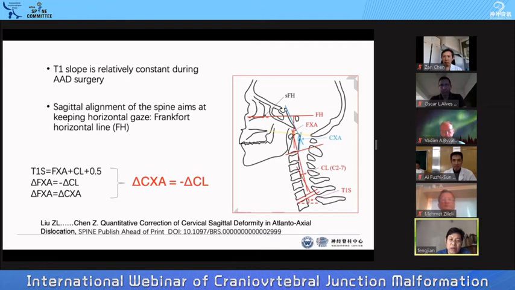And the sagittal alignment of the spine, as we know, always tries to keep the horizontal gaze. We can measure the horizontal gaze using the Frankfurt horizontal line. So this formula can be deduced geometrically.